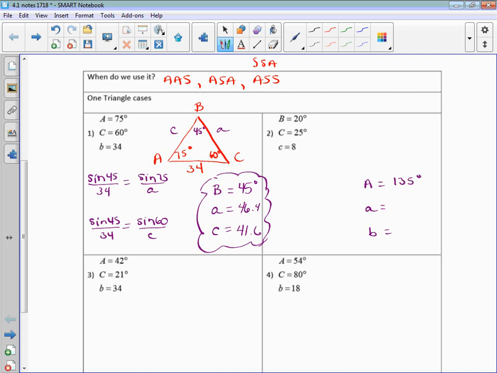What about little a? 13.4. And what about little b? 5. Okay. Anybody issues with any of this? Okay. What mode are you in? Oh. That will do it.